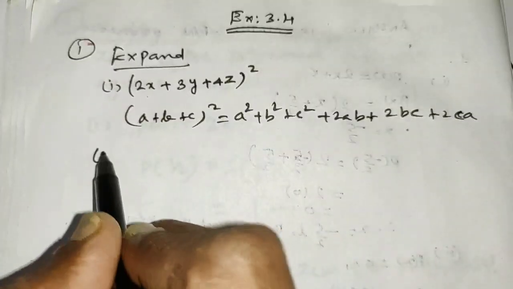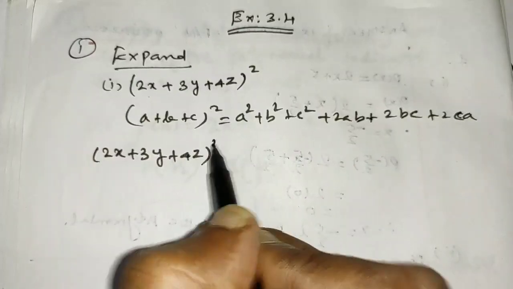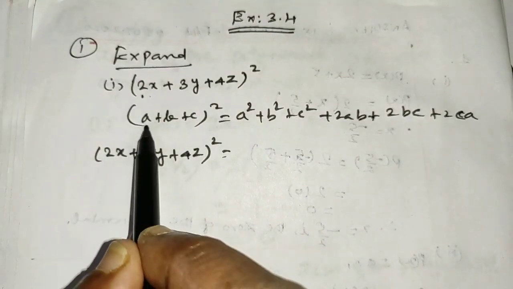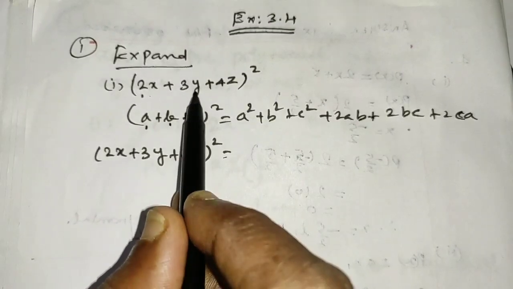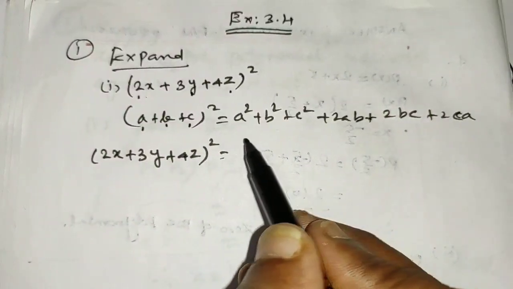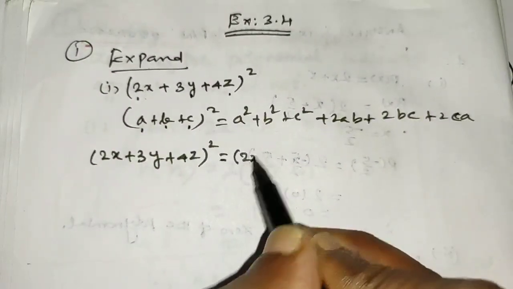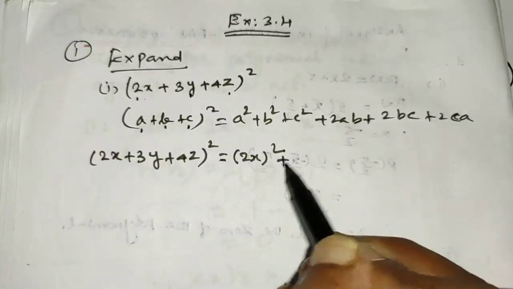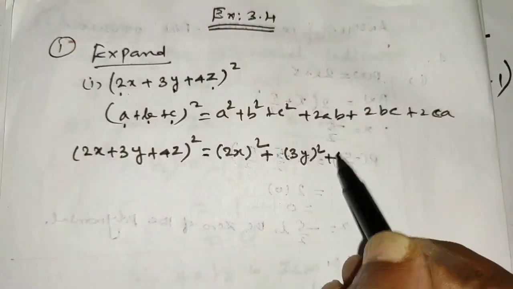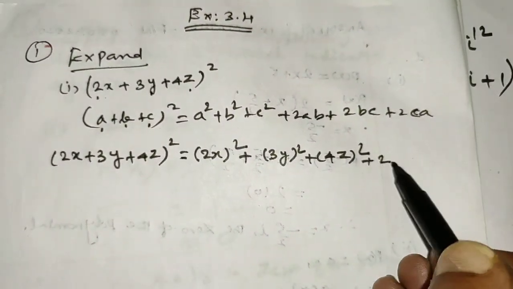Using this we are going to expand this 2x plus 3y plus 4z whole square. In the place of a we have 2x, in the place of b we have 3y, in the place of c we have 4z. So using this I am going to substitute here: a square, that is 2x whole square, plus b square, that is 3y whole square, instead of c, 4z whole square, plus 2 into a.